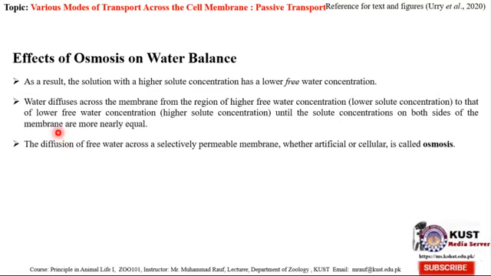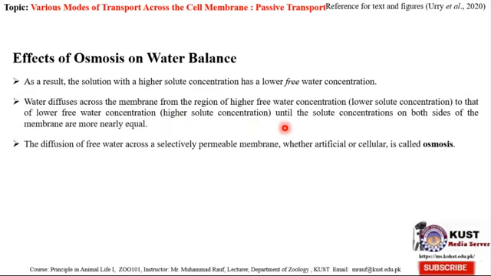So let's redefine this again. Water diffuses across the membrane from the region of higher free water concentration to that of lower free water concentration. Higher free water concentration is the area which has lower solute concentration, and lower free water concentration is the area which has higher solute concentration.